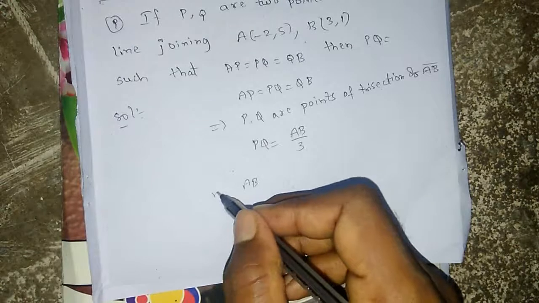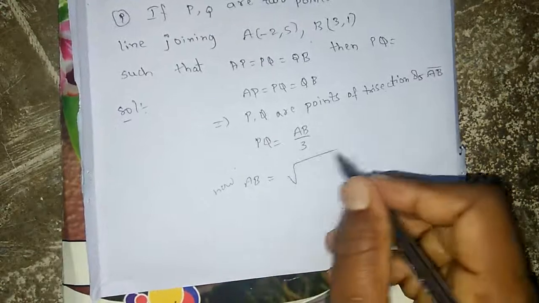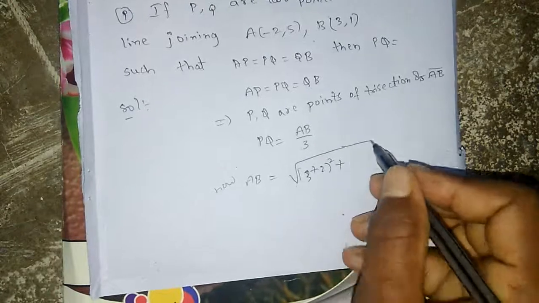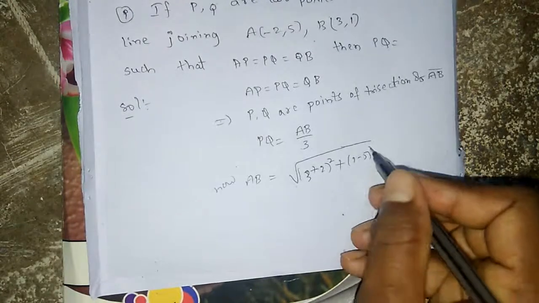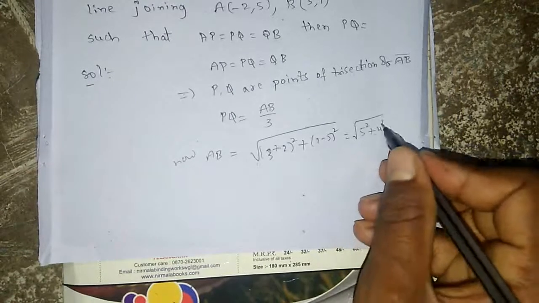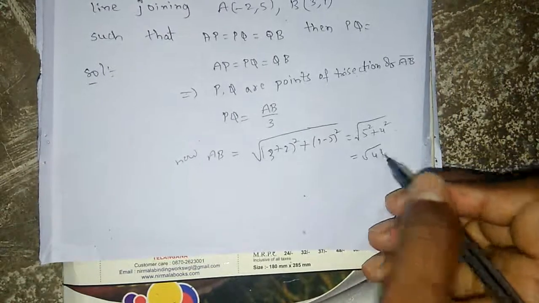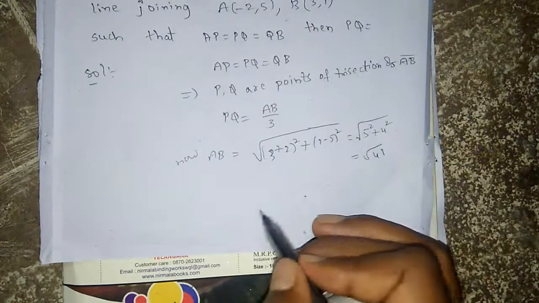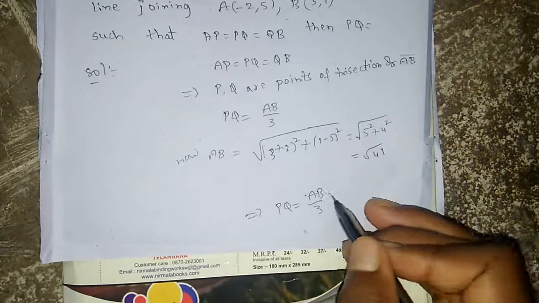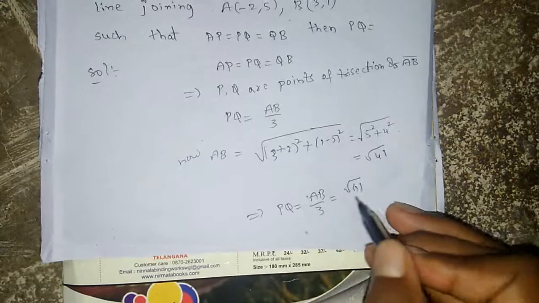Now AB distance is equal to root of (3 plus 2) whole square plus (1 minus 5) whole square, that is root of 5 square plus 4 square, that is 25 plus 16 is root 41, implies PQ is equal to AB by 3, that is root 41 by 3.